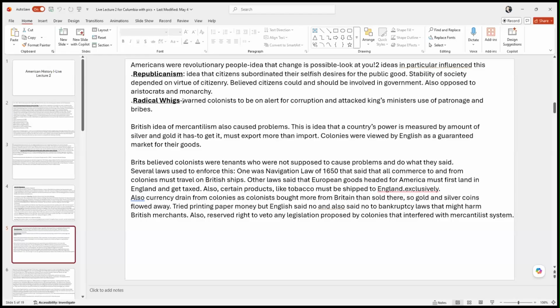So they put in place a whole bunch of various policies to maximize the amount of goods that the colonists basically were forced to buy from England. They put shipping laws in place. One was called the Navigation Law. And basically, this law said that any commerce that's going to or from these American colonies had to travel on British flag ships.